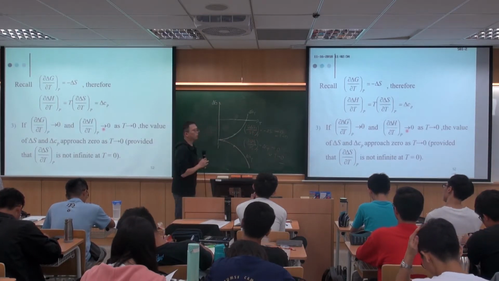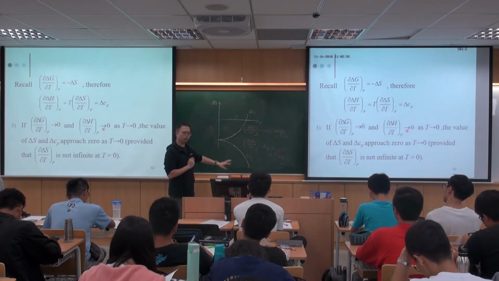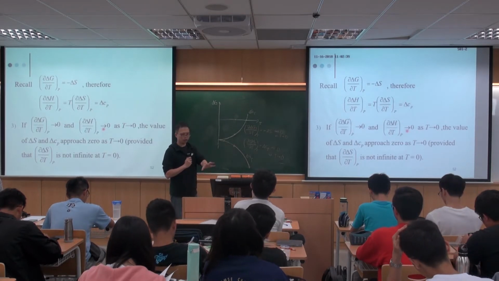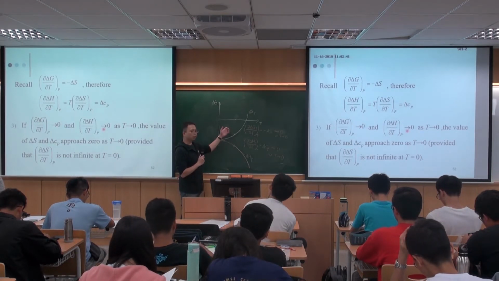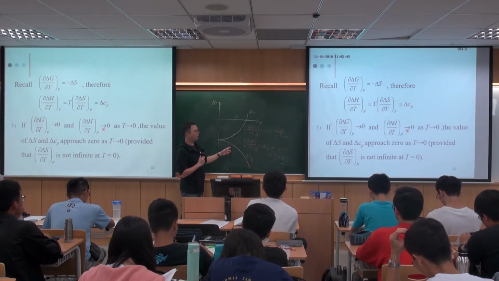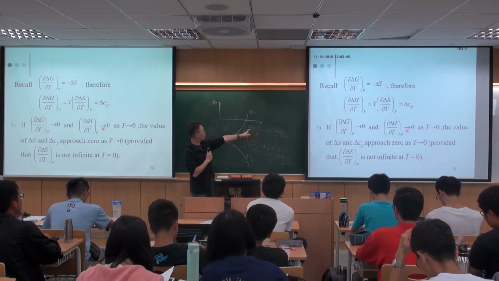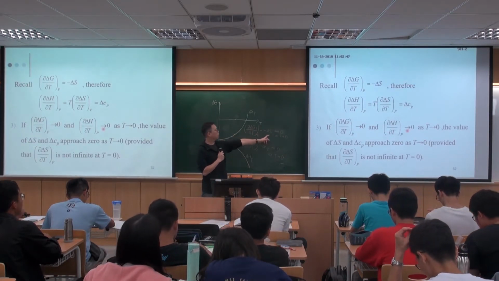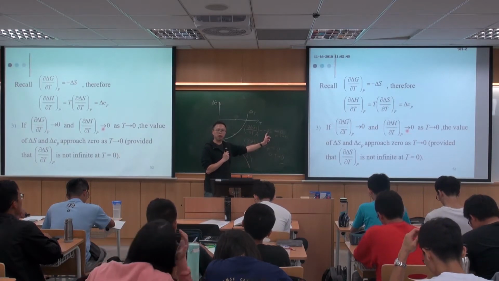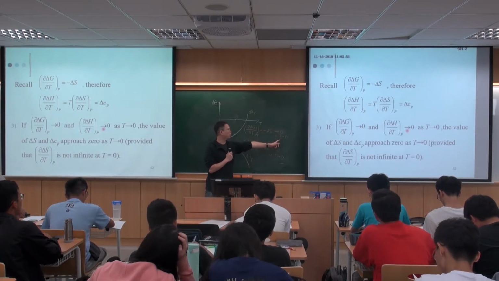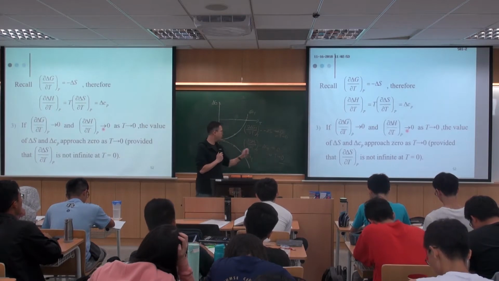Okay. So if you want to go through the arguments in the textbook later, I think this is a good summary. Like if you have these two plots, and you know that the slope of this one is actually related to the entropy, it is going to 0 when you go down to 0 temperature.